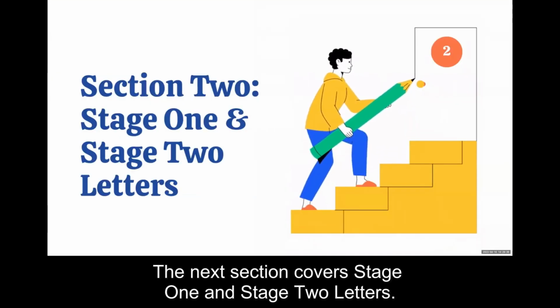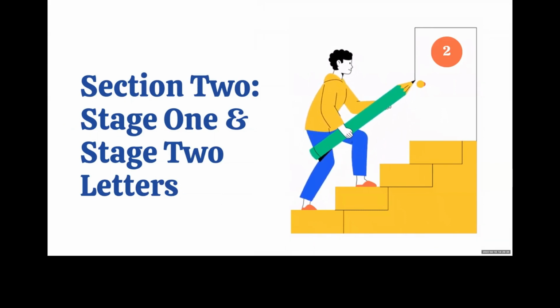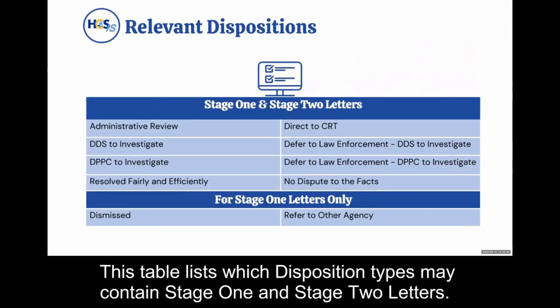The next section covers stage 1 and stage 2 letters. This table lists which disposition types may contain stage 1 and stage 2 letters.